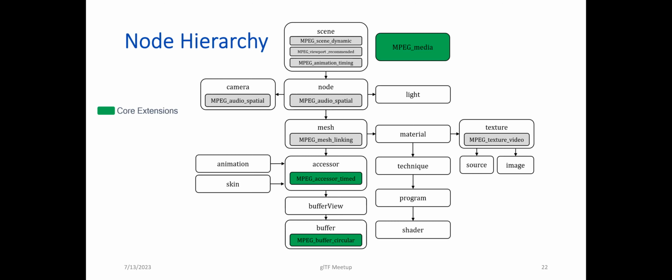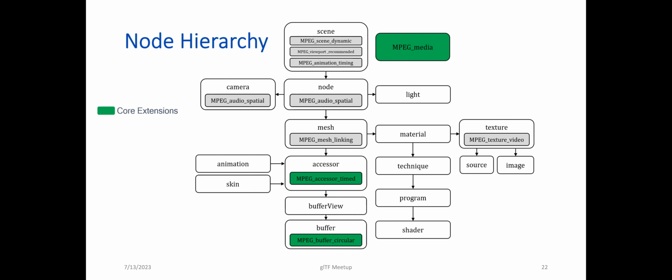Again, the goal was to add this dynamic, time dimension into glTF. glTF is currently only static, so this would add that dynamic aspect. It will add support for dynamic media like video textures, audio, dynamic meshes, point clouds, and things like that. That's the whole idea here.